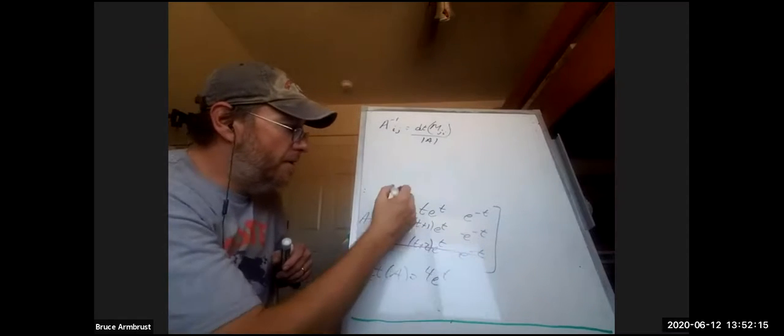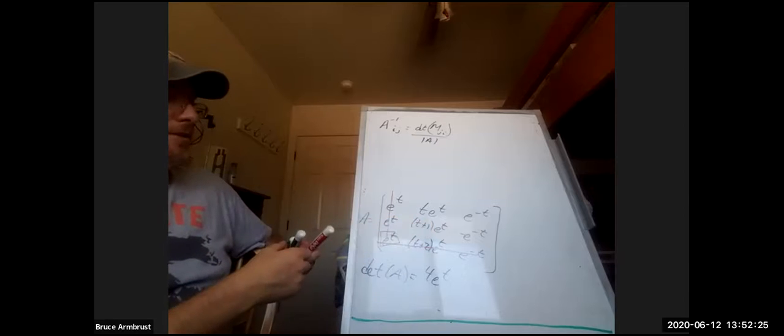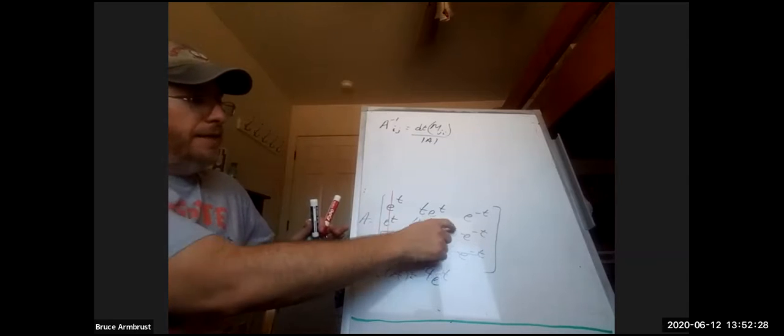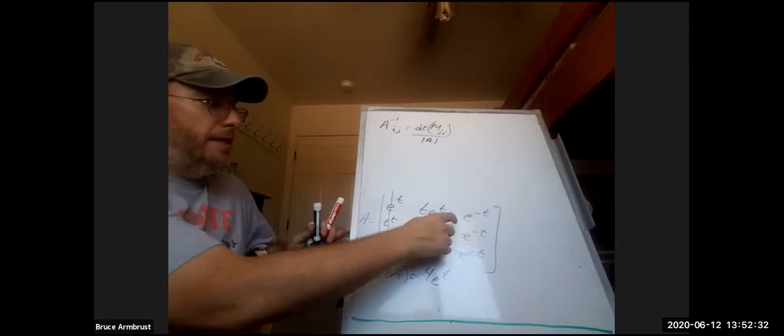So I cover up that row and that column, and I look at what remains, and I find its determinant. Okay, so let's think about what that determinant looks like. We're going to get a minus t, because the e's cancel, and then minus t plus 1, because again, the e's cancel.